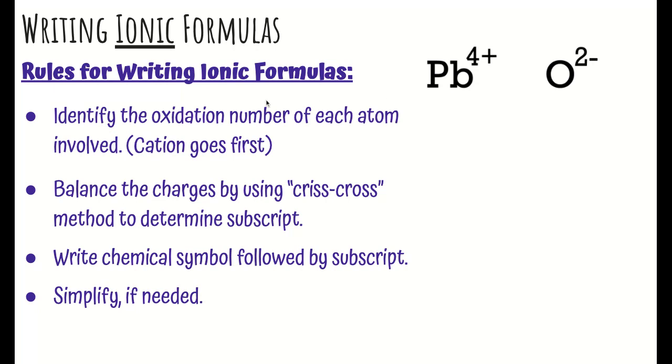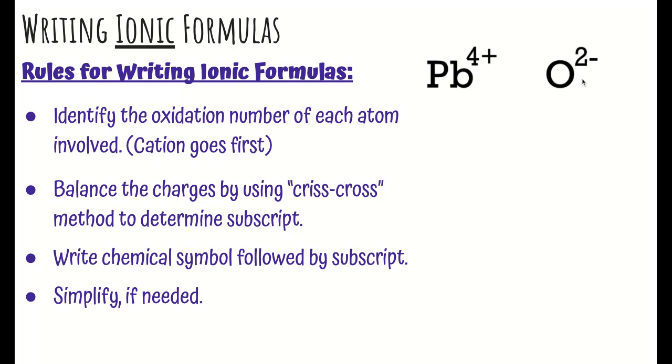So anyway, for the rules for writing these ionic formulas, first you figure out which one is going to be the cation, which one is the anion. So if we look on our periodic table, you go find lead. It's in group 14, all the way down towards the bottom. Since it's in group 14 and at the bottom, it's a metal, so it's going to be a +4 oxidation number, because we know it's going to be giving up 4 electrons.